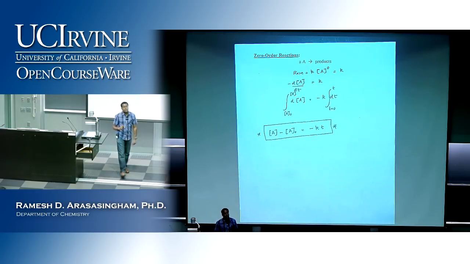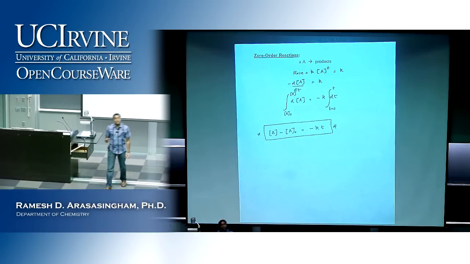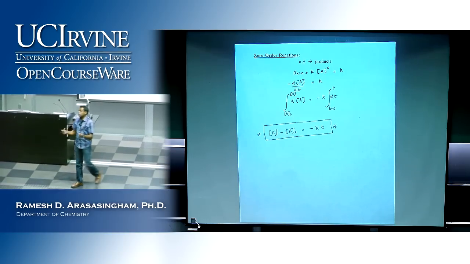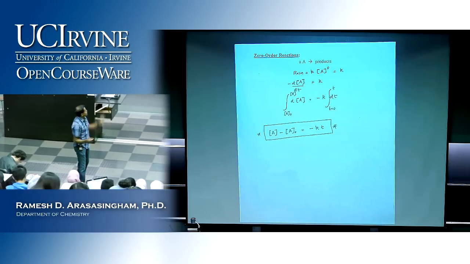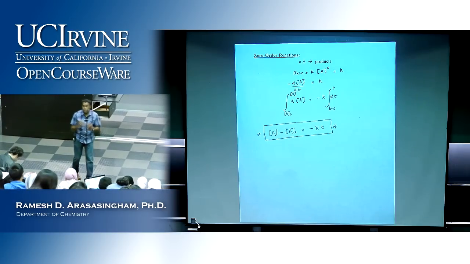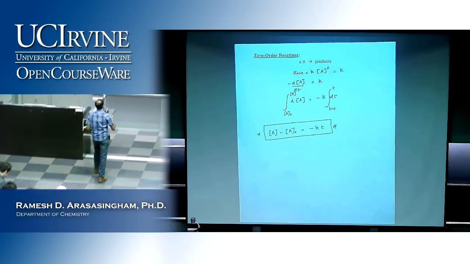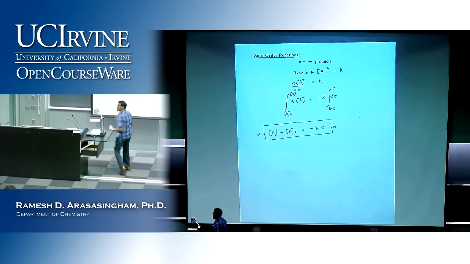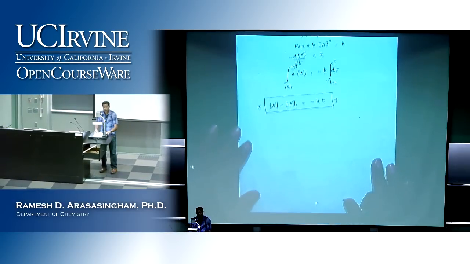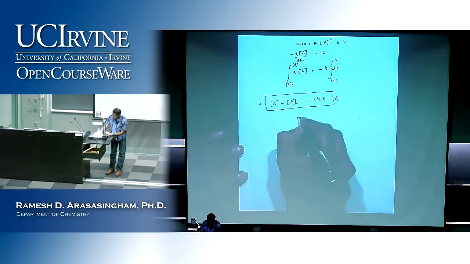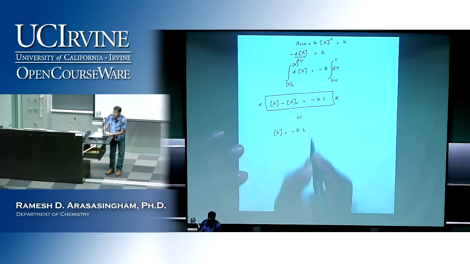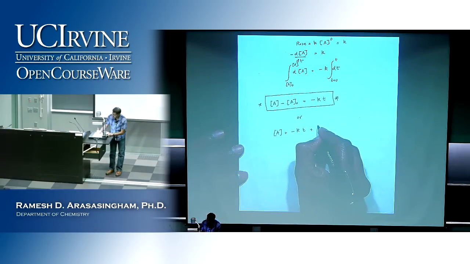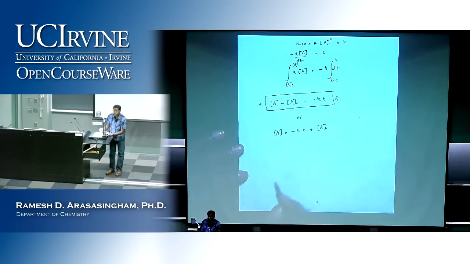So if it is a zero order reaction, then the equation that describes the dependence of concentration versus time is given by this equation. So this is called the integrated rate law. And if I want to look at the form of a straight line graph, I can rearrange this and say [A] equals minus kt plus [A]0.